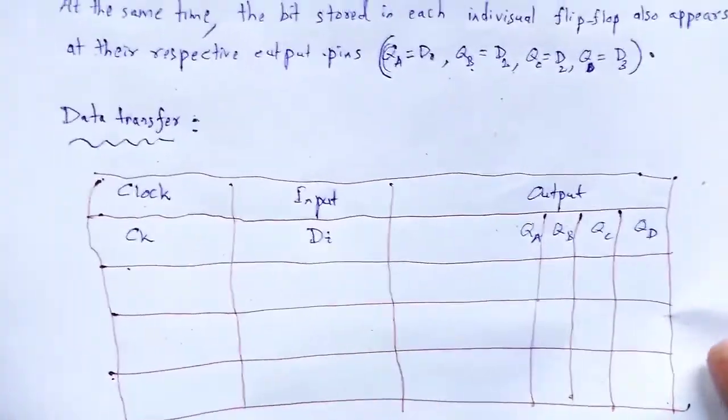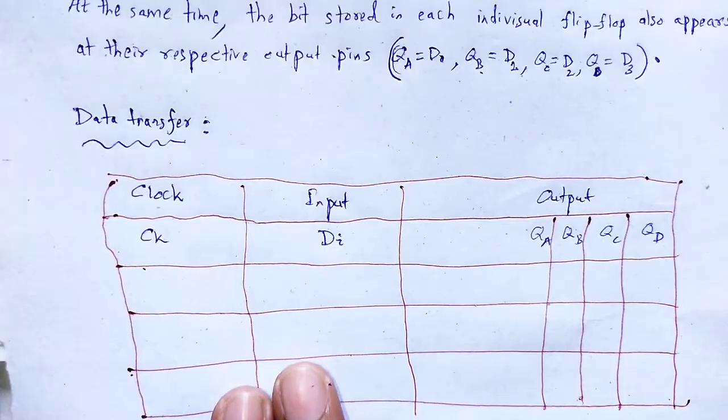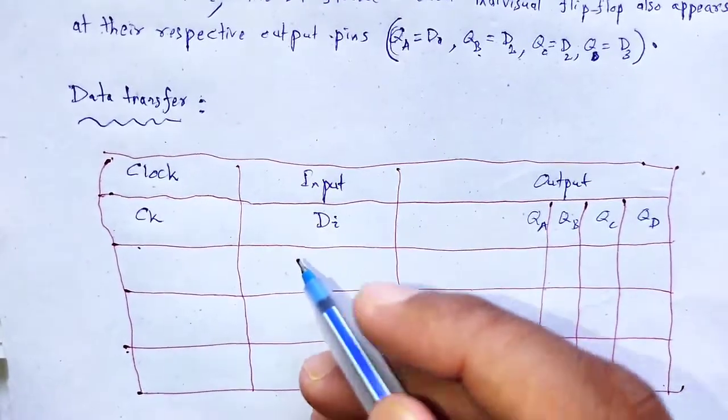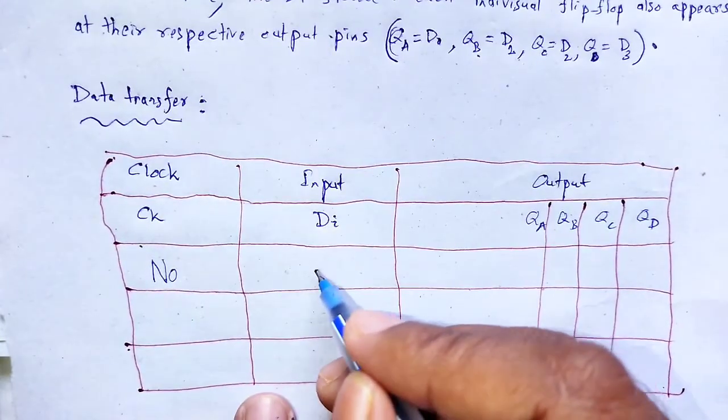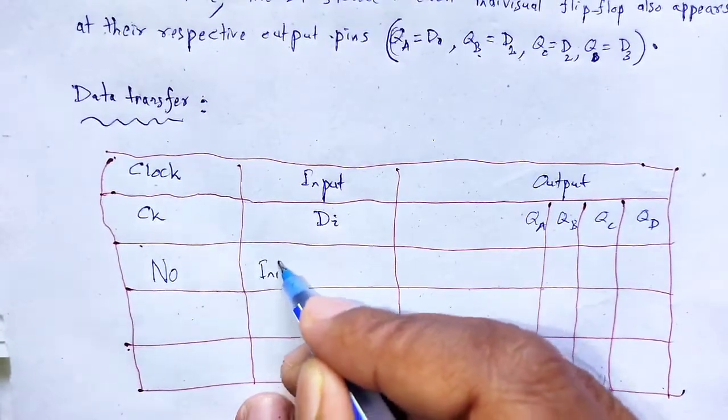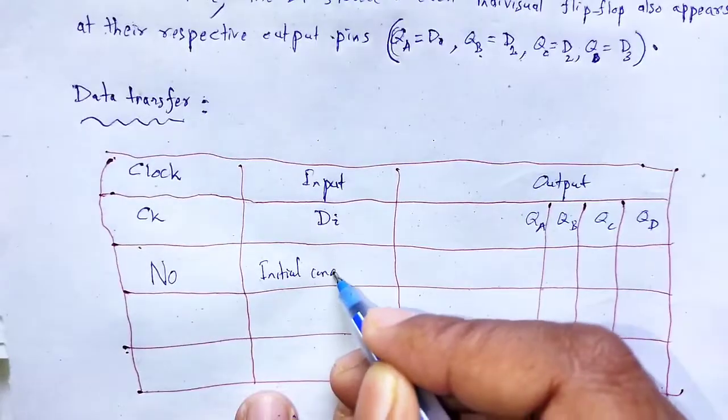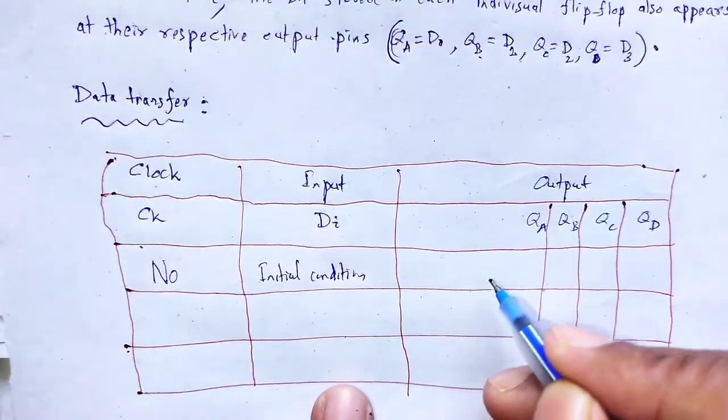The data transfer we clearly understood. When no clock pulse is applied, that is the initial condition, all are 0.